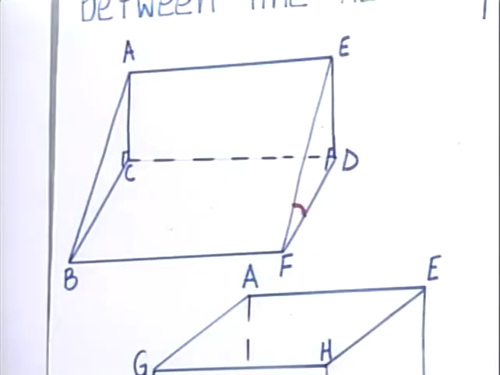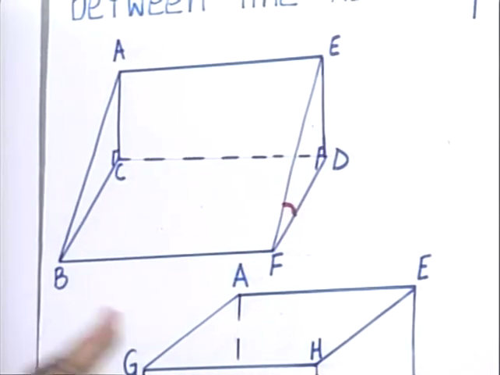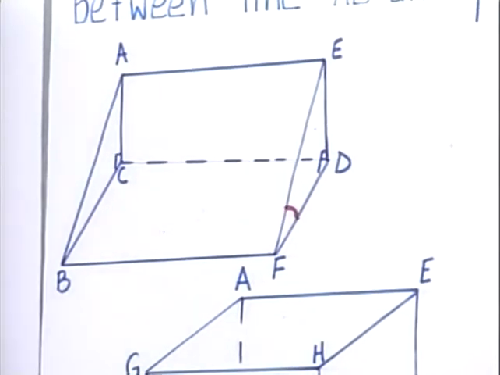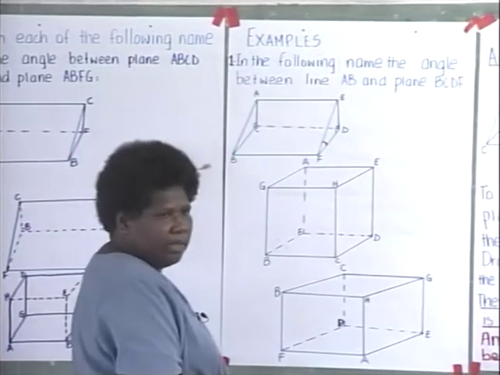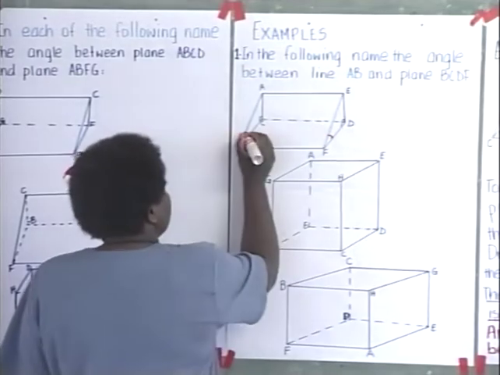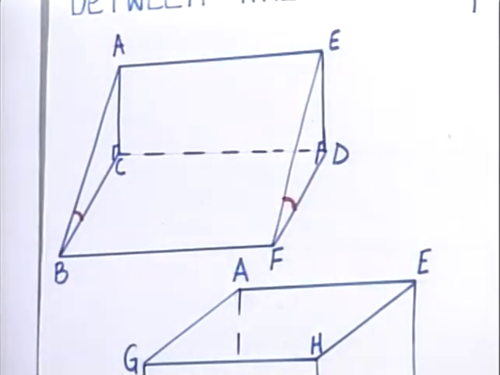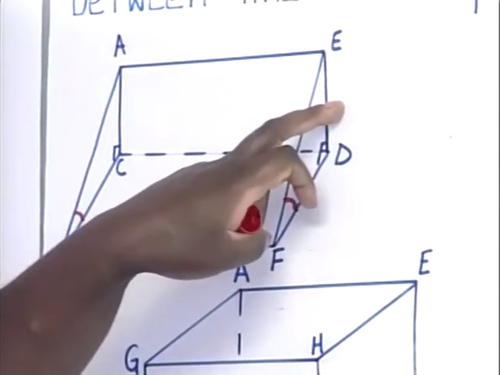Okay, they say it's this angle here, AFD. But the question says it has to be between the line AB and the plane BCDF. It will be ABC. Good. Not this one, although they will probably be the same depending on the length of this one and the length of this one.